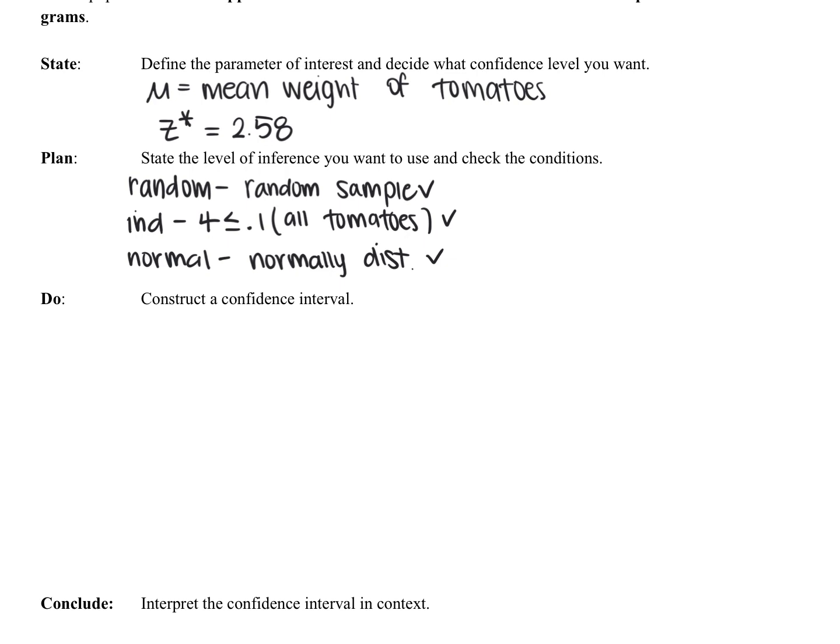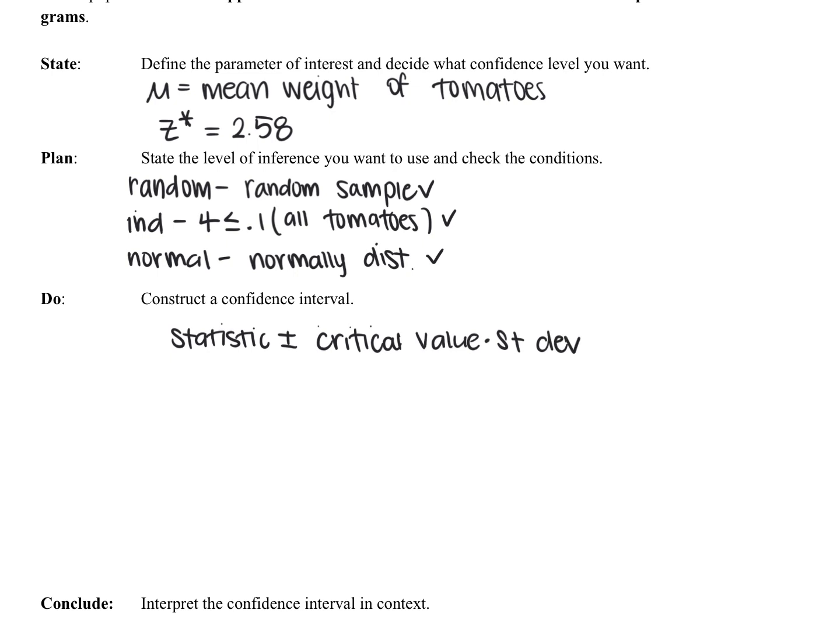Just to refresh our memory, the very basic definition of a confidence interval is the statistic plus or minus the critical value times the standard deviation.